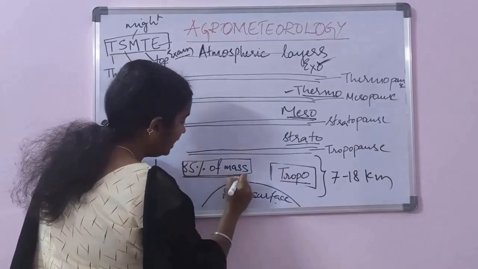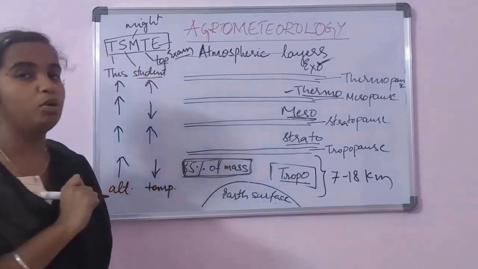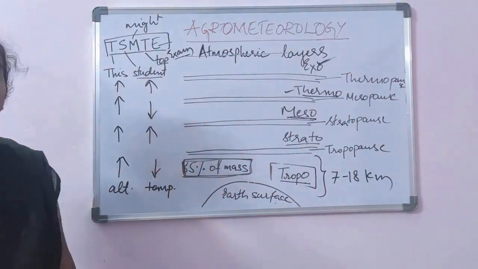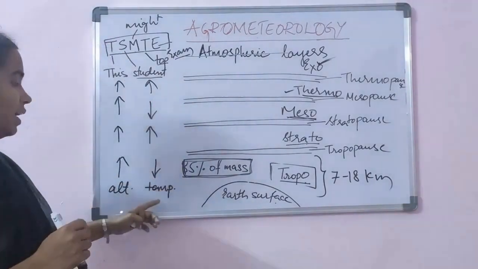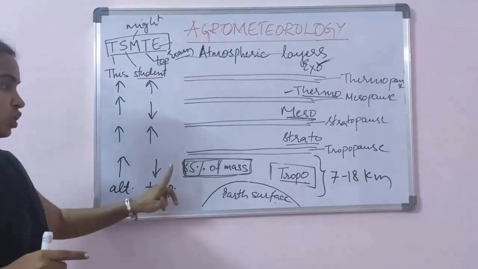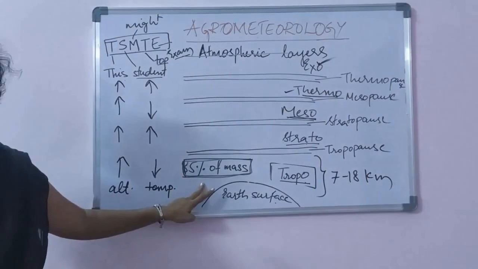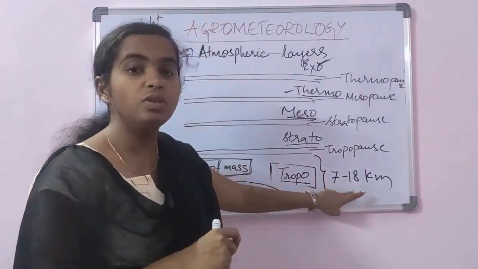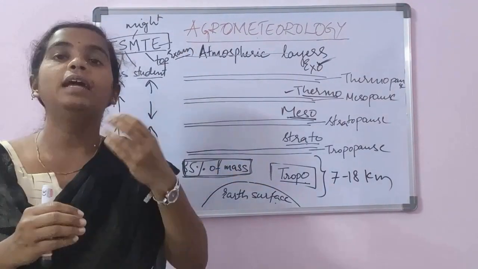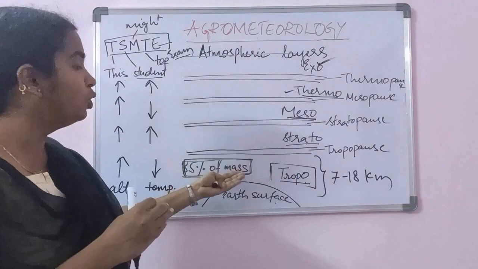It contains 85% of the mass of atmosphere, as I told you. So for troposphere you can remember four or 5 points. One is the decrease in the temperature, and one is 85% of the mass of atmosphere, and one is the distance of the troposphere, and what are the different weather elements which are present in troposphere.